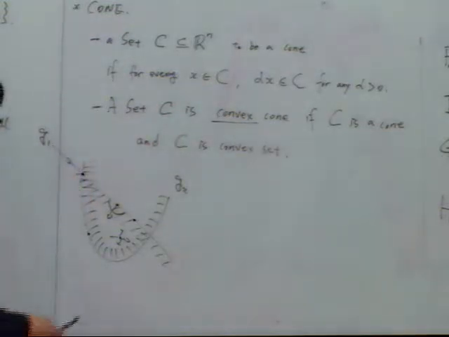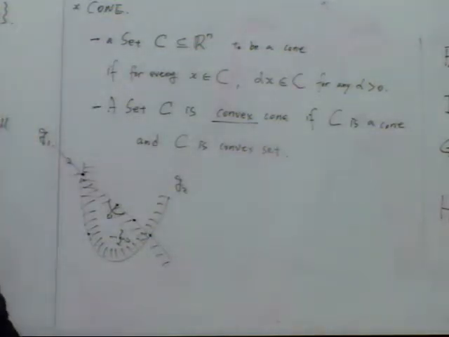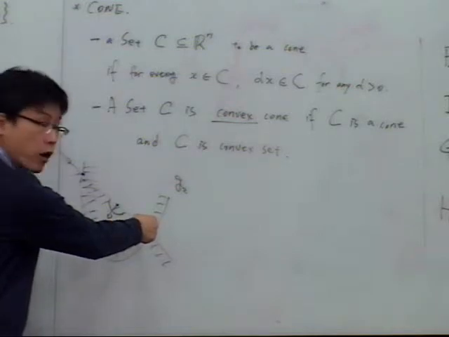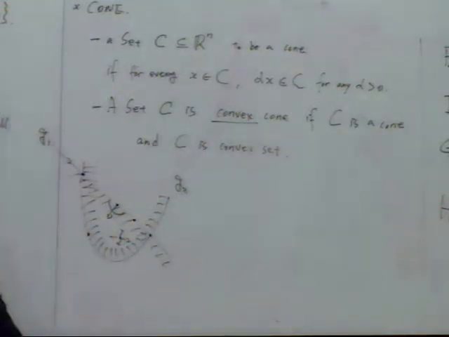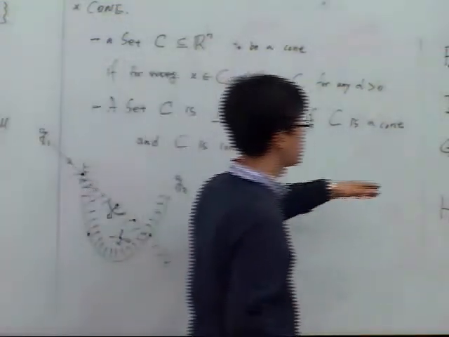If you're here, your I is also 1 and 2. If you're here, your I is only 1. If you're here, your I is just 2. It depends on your current location. So this one is clear.